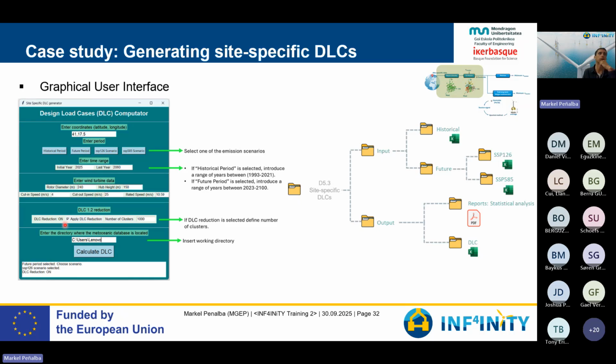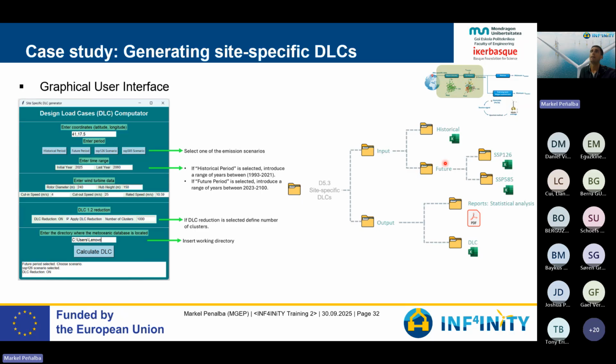And finally, you can select as well if you want or not to define the reduced set of environmental conditions for the design load case 1.2. And finally, all you need to do is select the directory of the folders where you want to save the information. And this is the structure of the data set. So we've got input data. As I said, input data is the site characterization for the historical and future under different scenarios.